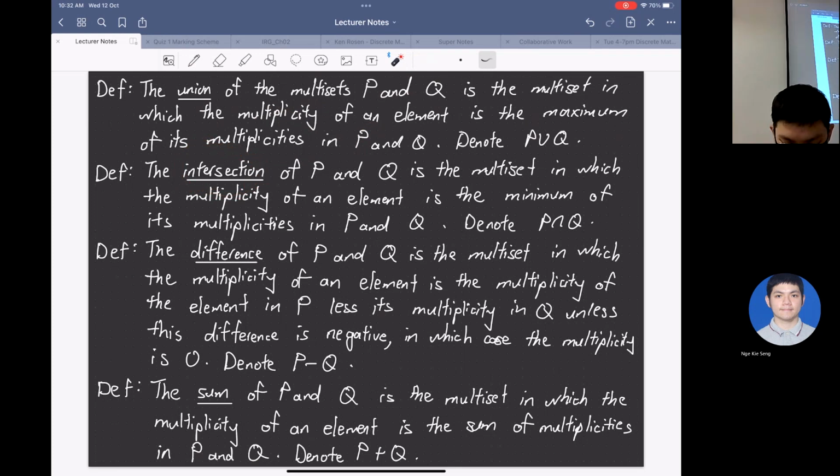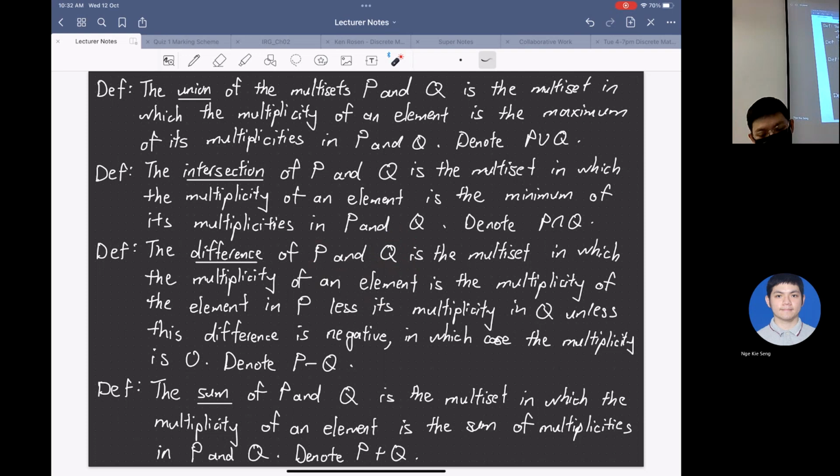Intersection, you need to take the minimum of the multiplicities of the element appearing in P and Q. The difference, you need to take the multiplicity of the element appearing in P minus the multiplicity of an element appearing in Q. But of course, there will be a case that maybe it appears more in Q. In that case, you will get negative.